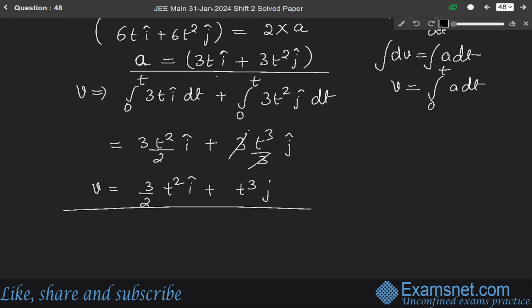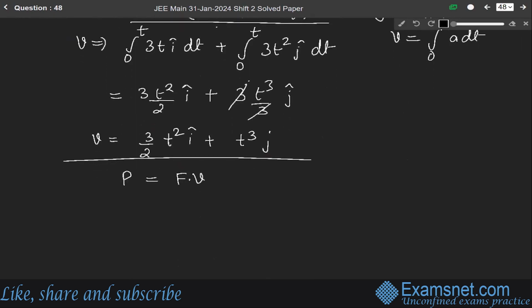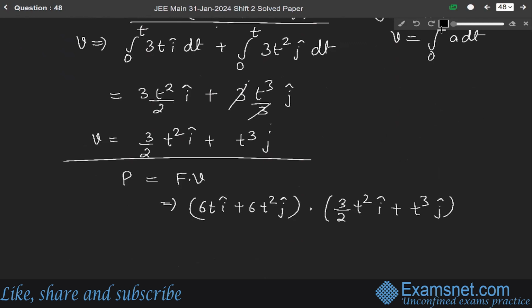Now power P equals F dot V. F is 6t i cap plus 6t square j cap, and the dot product with 3 by 2 t square i cap plus t cube j cap gives: 6 times 3 by 2 is 9, so 9t cube i cap plus 6t raised to the power 5 j cap.